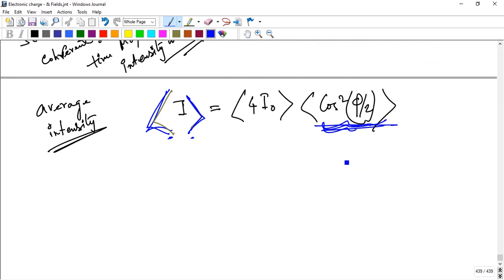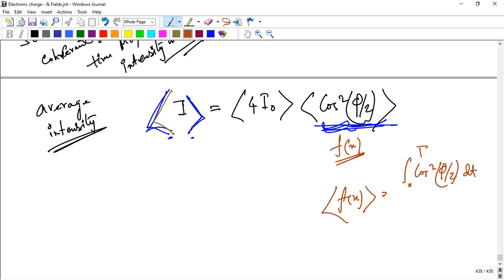These two brackets, less than and greater than, represent the average. If I calculate the average of cos square phi by 2, suppose this function is f(x), then the average of f(x) is equal to the integral from 0 to T of cos square phi by 2 dt divided by the total time period. That is 1 by T, that's the average.